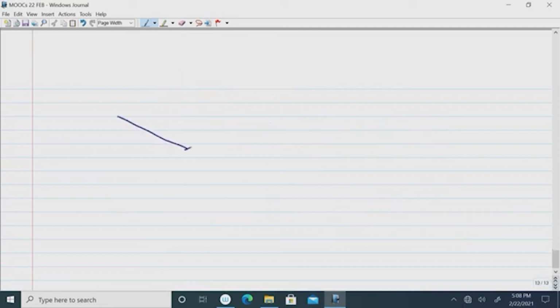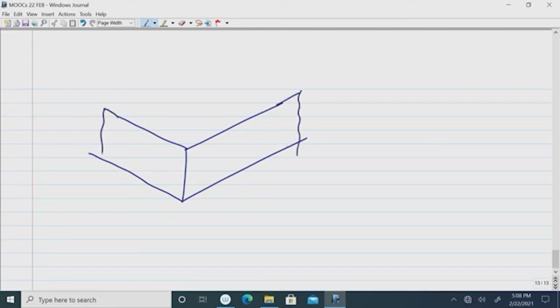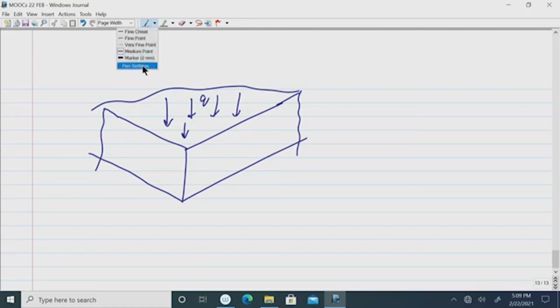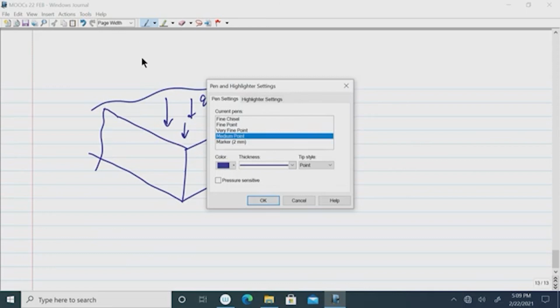So, let me draw the plate. This is a part of a plate subjected to distributed load q, and let me draw the stress distribution in a different color.